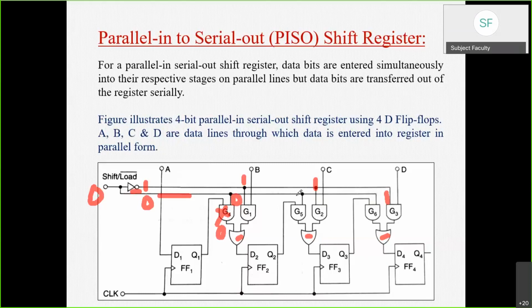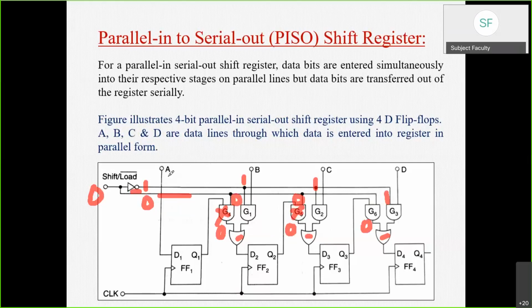Similarly, one of the inputs to G5 is 0, so G5 will again be disabled, and its output will be 0. The same will happen to G6: its output will be 0 again. Okay, I hope it is clear to you.